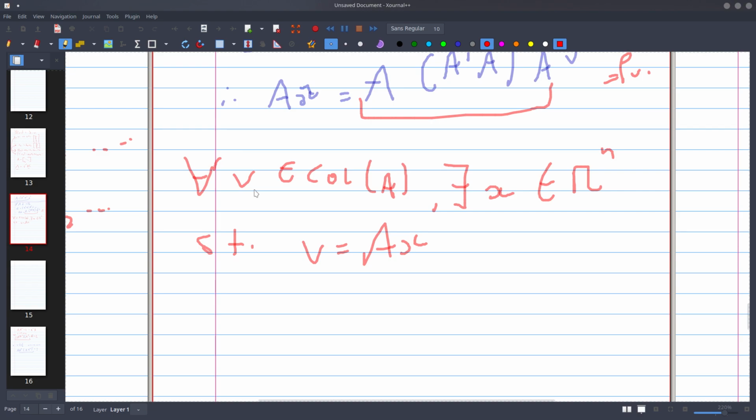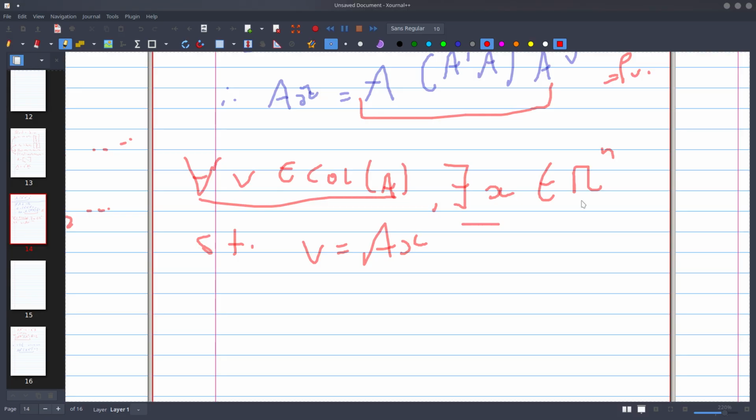For any vector which exists in the column space of your matrix, so suppose our column space was a plane, the entire column space was a plane. For any vector in that plane, there exists a vector inside of R^n, right? So it's the same dimension as your column space.